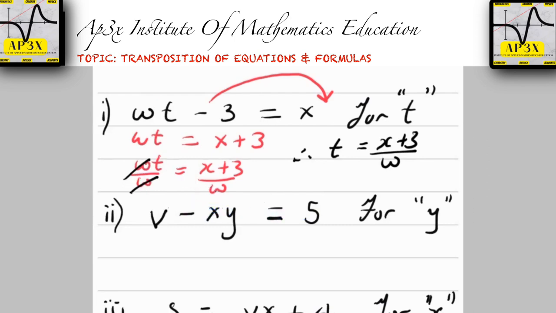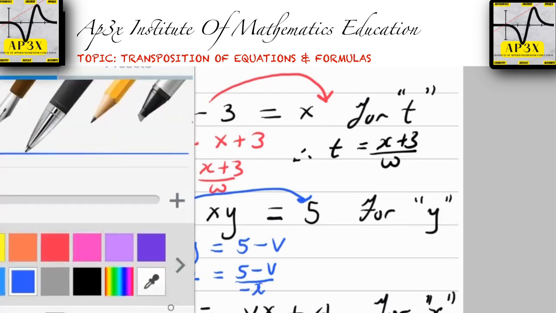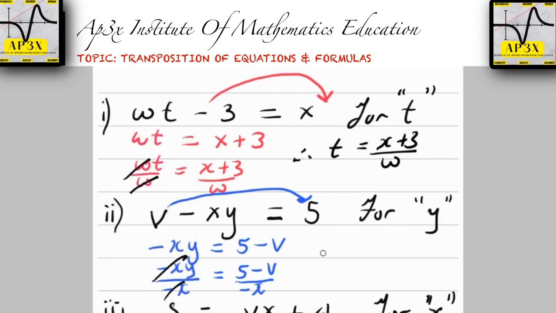I'm going to bring this V over here, and I'm going to end up with negative XY is equal to 5 minus V. Remember that this is positive V, it becomes minus V. Then since I'm going to look for Y, I'm going to have to remove the negative X. So that's negative XY divided by what I don't want, which is negative X, is equal to 5 minus V divided by minus X. Easily, you'll see that minus X cancels minus X, so I'm left with Y. We spoke about this earlier: when you're dividing by a negative number or a negative variable, we're going to just turn these around.